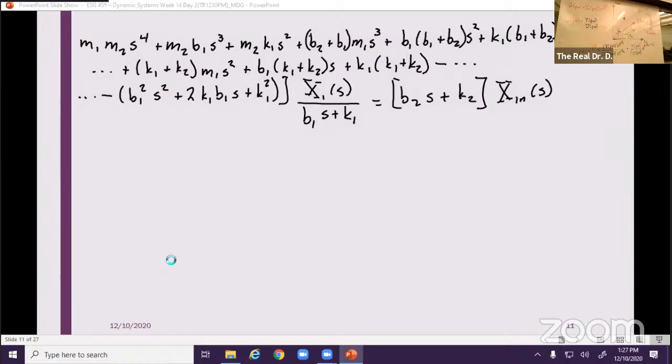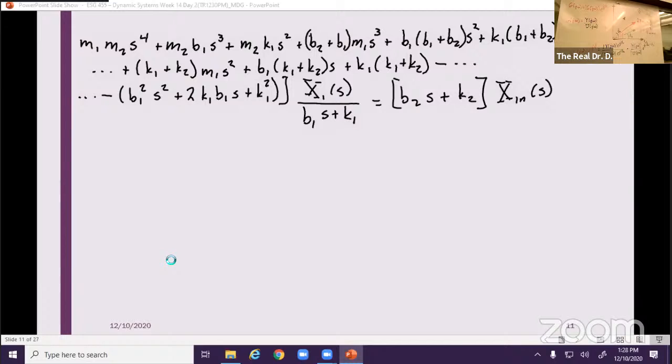So that's where we end up. Instead of going through and rearranging this whole thing and grouping like terms, we're going to look at each of our s to the fourth all the way down to s to the 0 terms, and I'm going to create constants to represent them.